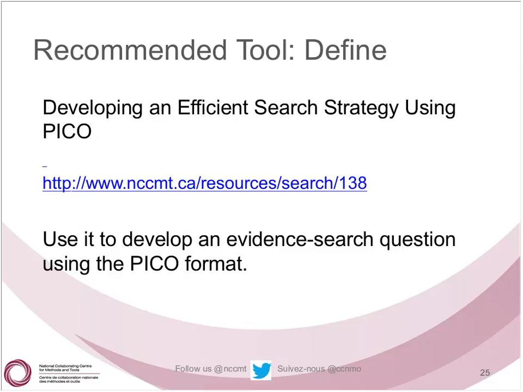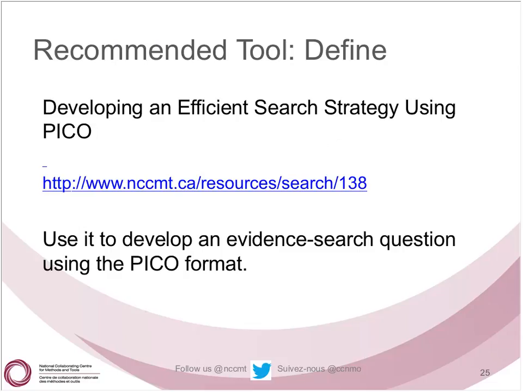Now I have a tool to recommend for this define stage, and this tool is called Developing an Efficient Search Strategy Using PICO. So exactly what we've been talking about. It's how to define that evidence search question using the PICO format.